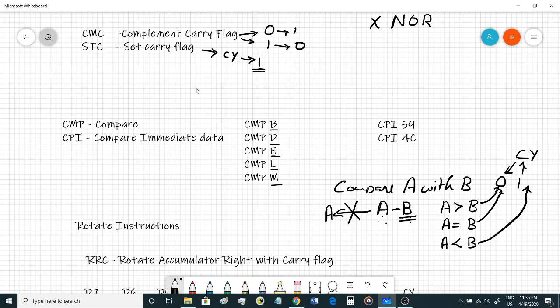But if the carry flag is 1, it is very clear that the contents of B are greater than the contents of A. Only then will the carry flag be set to 1 when you do A minus B, because you require a borrow.